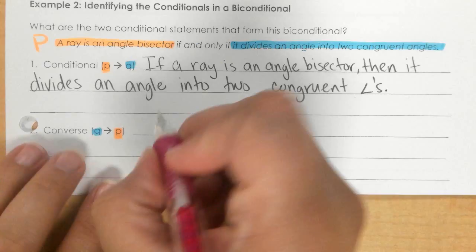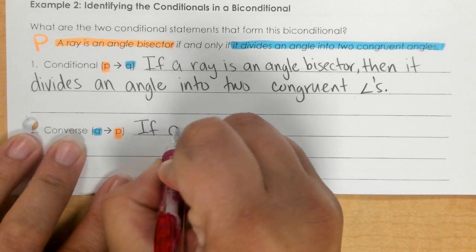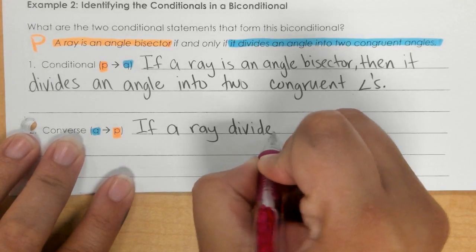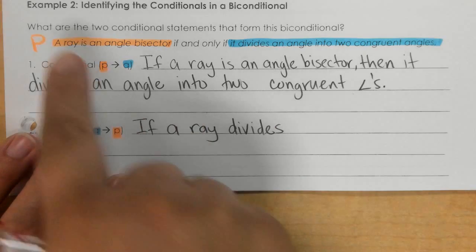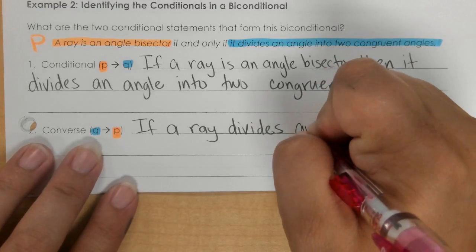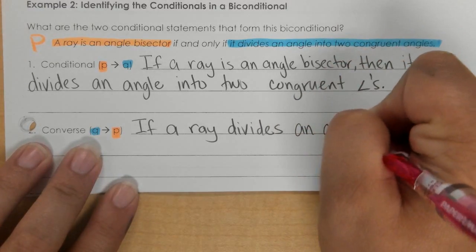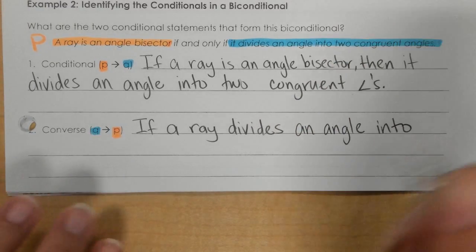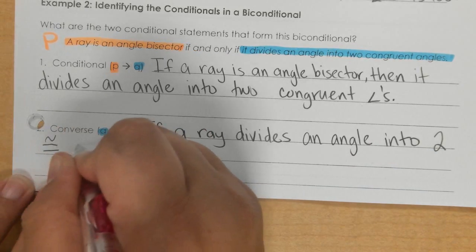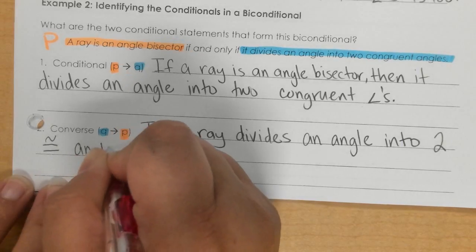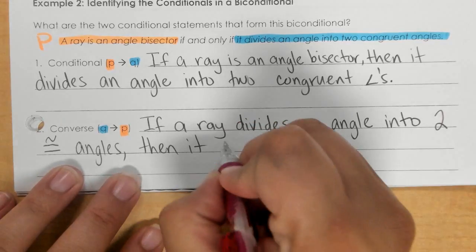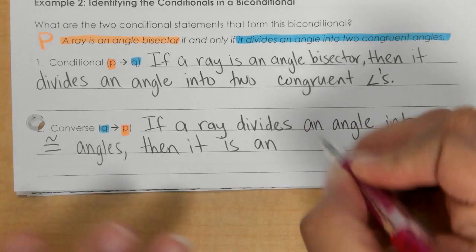So what I'm going to do is say if a ray divides an angle into two congruent angles, then it is an angle bisector, because it's referring to the ray that divides.